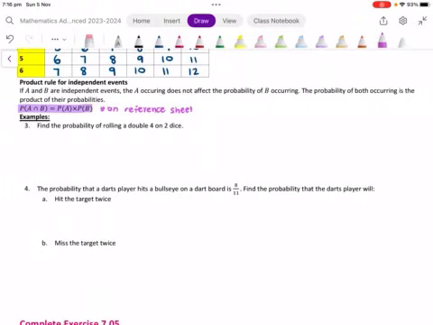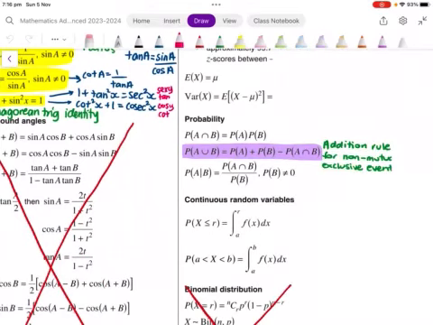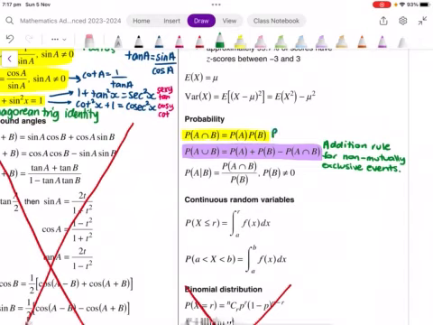And what we have is our intersection symbol here as well. Okay, so going to our reference sheet on page 2. In our probability section, we now have seen this formula here, and it's our product rule for independent events.